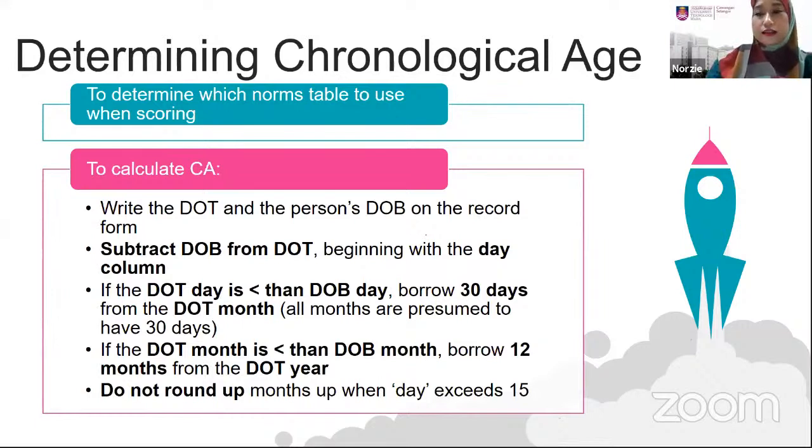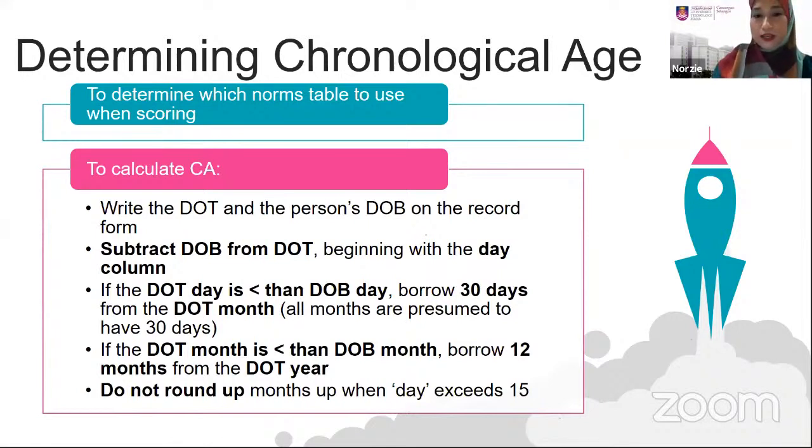To calculate the chronological age, first write the date of the test. On the record form there is a space provided. Then write the person's date of birth, and subtract those two dates.